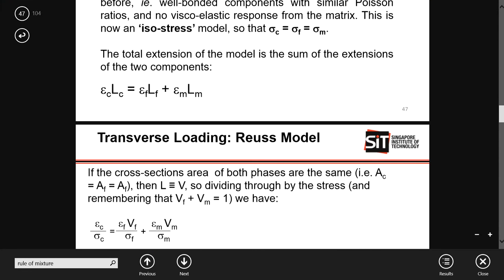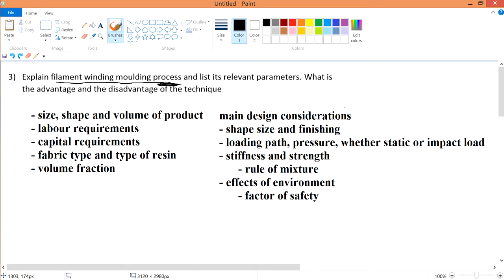So the rules of mixture affects your stiffness and your strength. More of the fibers will become more stiff, less of the fibers will become more ductile, because your fibers are mainly for stiffness, while your matrix or your resin is for ductility. So these are the things that you want to take note of.